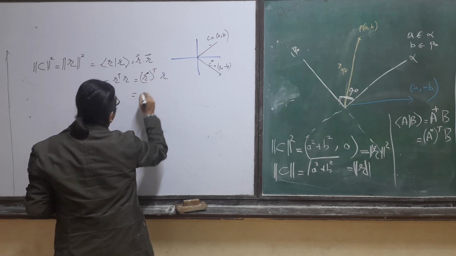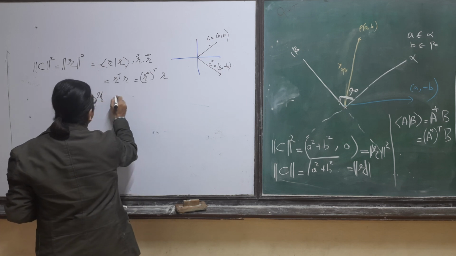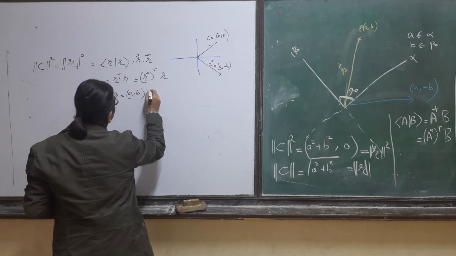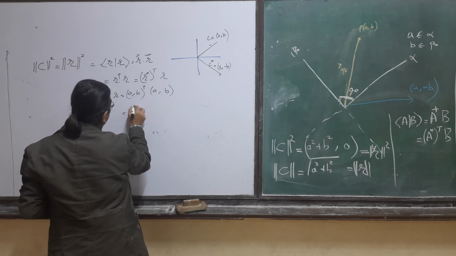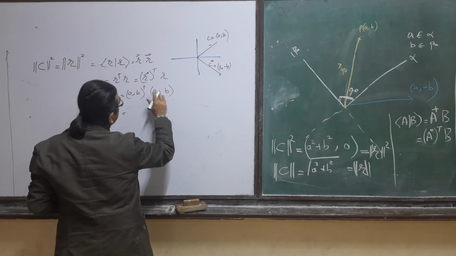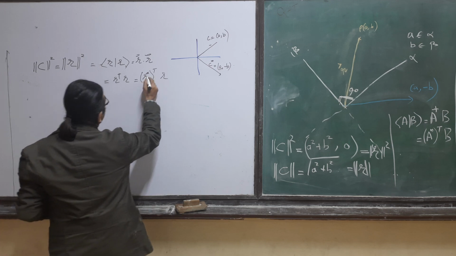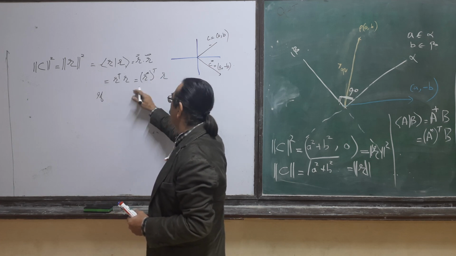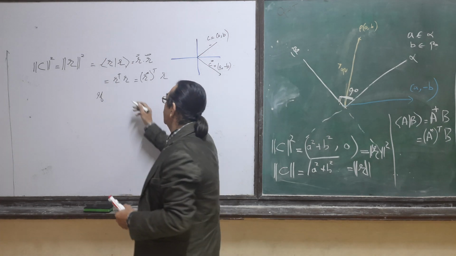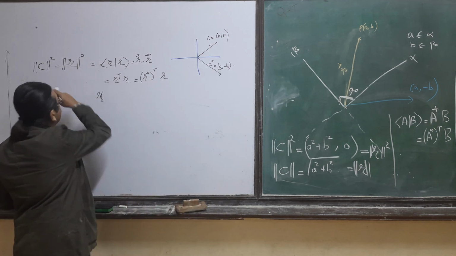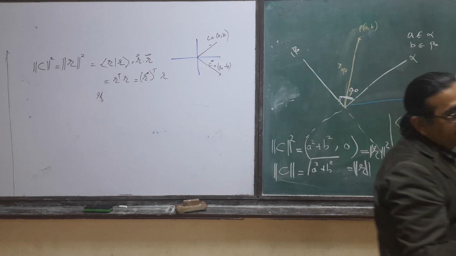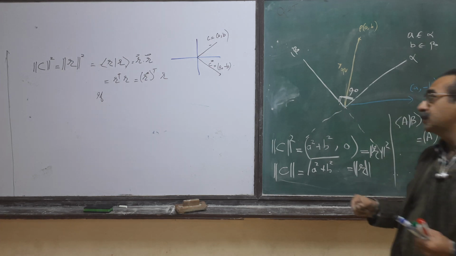So if these are the two components but there is no transpose, then the result will be the same and will give you R square, or C square. You take the complex conjugate of one, and the other stays as is.